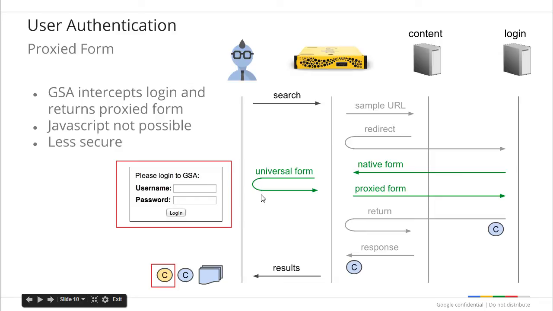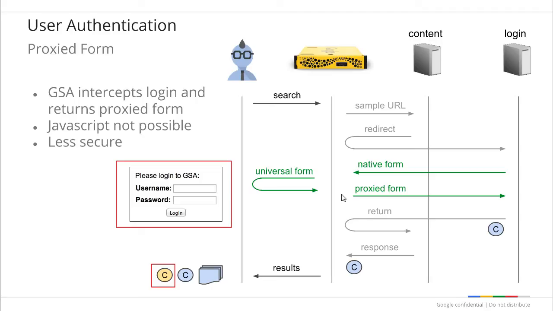Because of this, the login form presented by the login server must be pretty simple and cannot rely on JavaScript or other client-side functionality, or the GSA will have difficulty reconstructing and returning the login form. If your existing login form does rely on JavaScript or other client-side functionality, you'll probably need to create a separate one to be used by the GSA, just like you would for Secure Crawl, or use the second method, which we'll discuss in a minute.